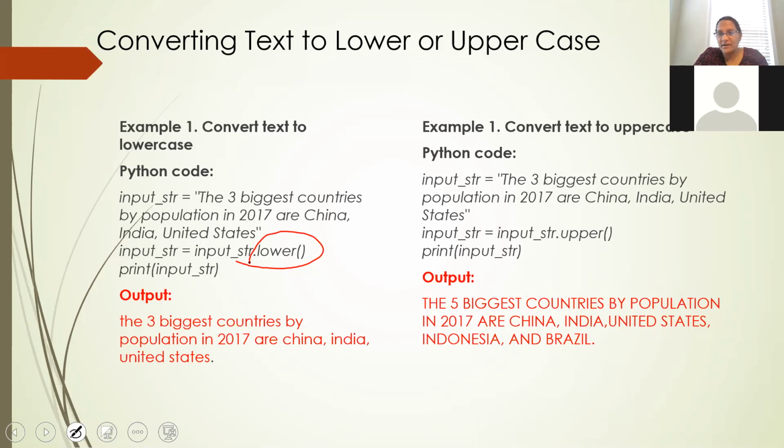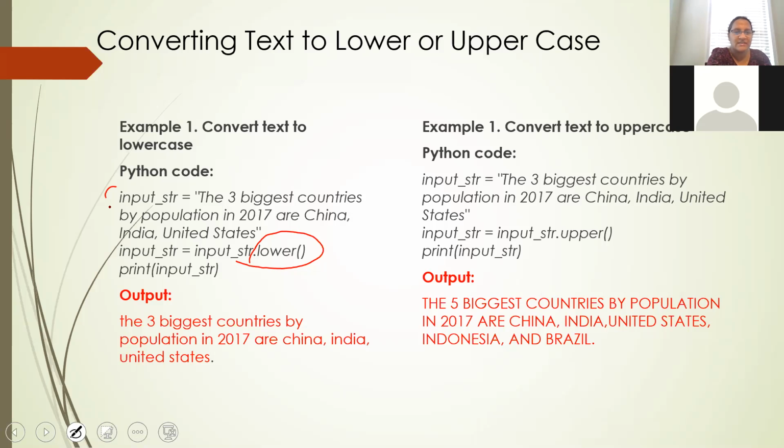Dot lower and dot upper are functions available in the default string library. So you don't have to import any extra package or library, because they are very simple functions. You can just call them directly in your program.